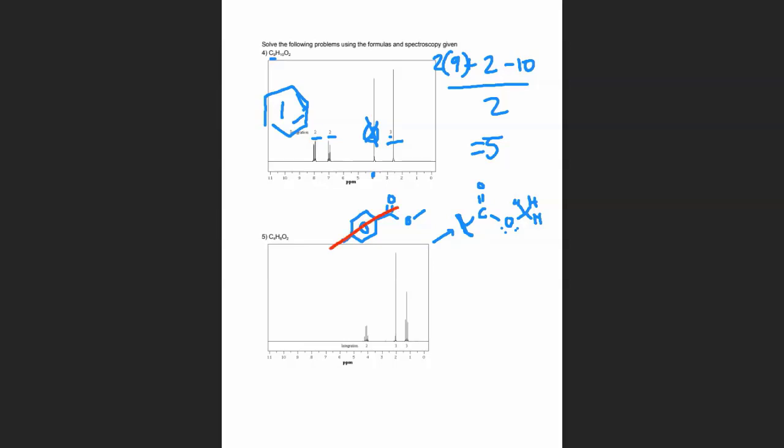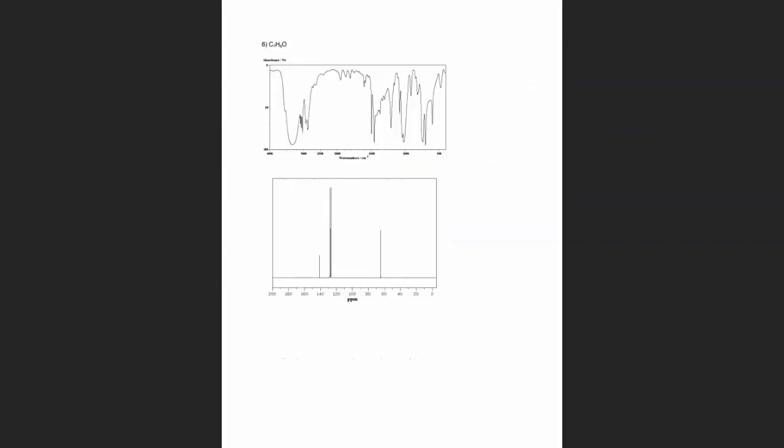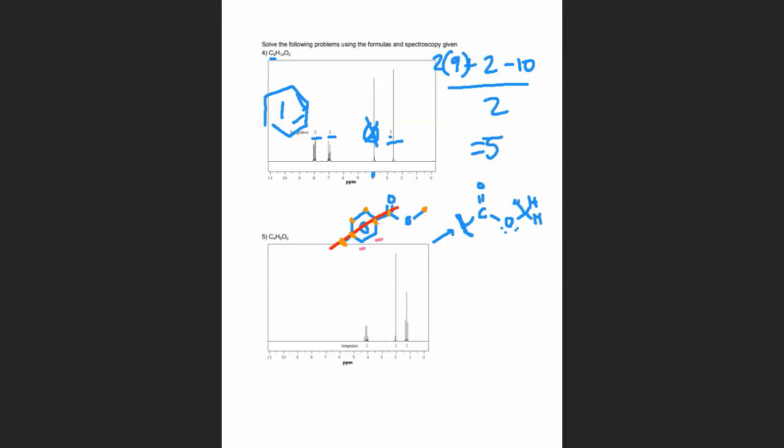Counting the carbons, we have 1, 2, 3, 4, 5, 6, and 7. The other 2 over here are the exact same carbon as the one above it because of the symmetry. Did I answer your question?